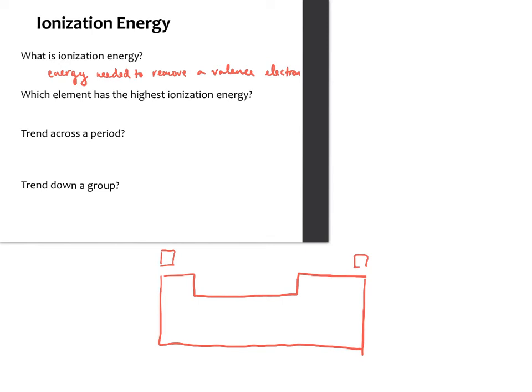Okay, so which element has the highest ionization energy? That's helium. Helium's all the way over here. Now, if you notice this whole group, the noble gases, these guys are very full.